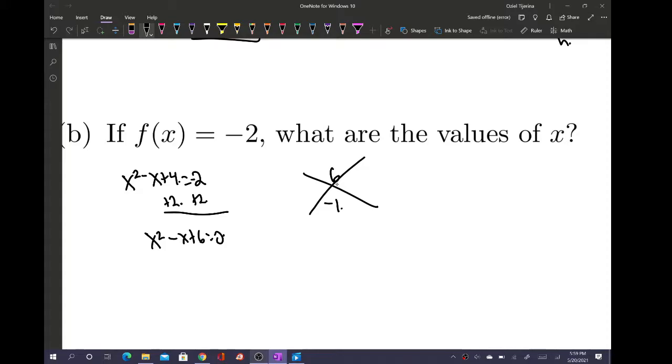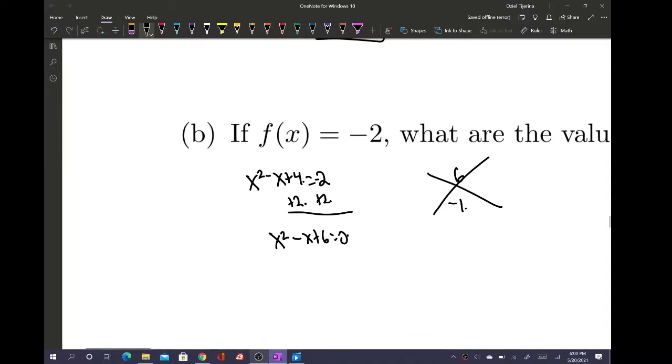Let me go ahead and check very quickly. X squared minus x plus 6. Okay. Now, you're going to have to use the quadratic formula for this one, because obviously we cannot factor.